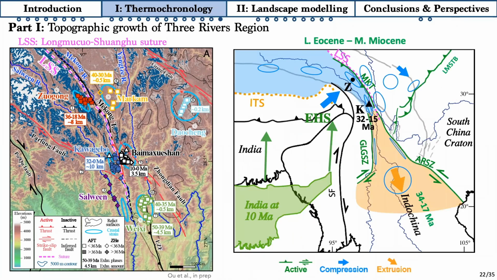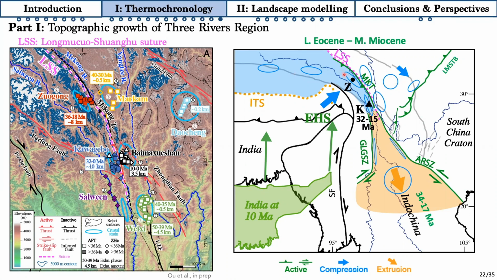So if I need to synthesize the tectonic evolution of the whole Southeast Tibet, we can see that the strong southwest late Eocene to middle Miocene compression has largely uplifted the Kawa-Zhibu and the neighboring region marked in blue here, to the west of the Longmu Co-Shuanghu suture, and we see no deformation to the east.